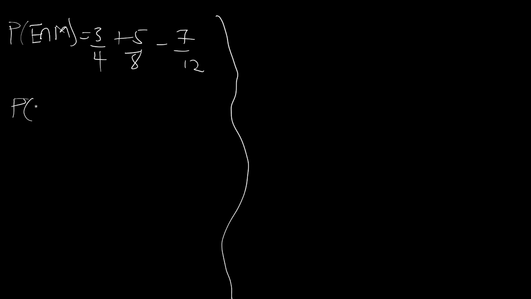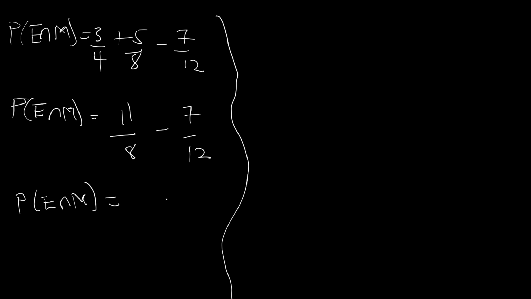So P of E intersection M can be written as 11/8 minus 7/12. So when we simplify this, our P of E intersection M becomes 19/24.